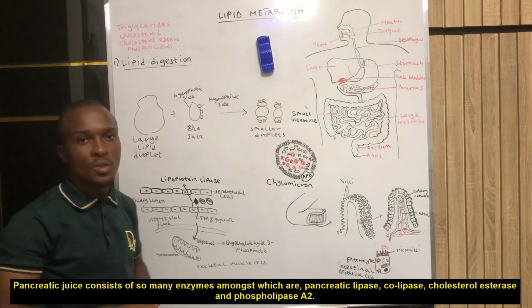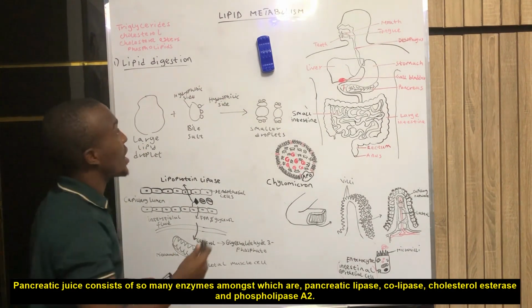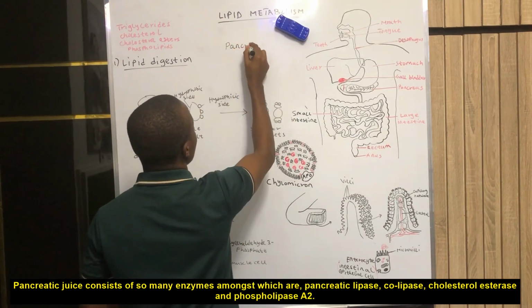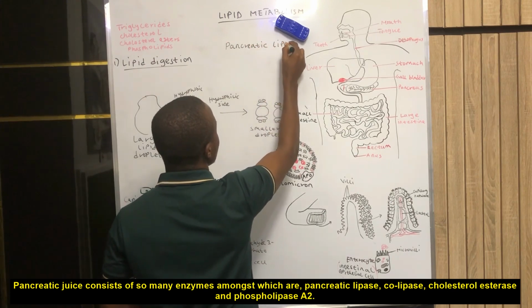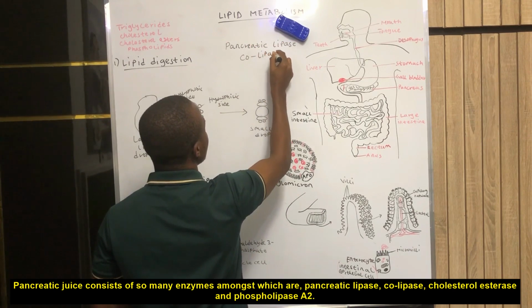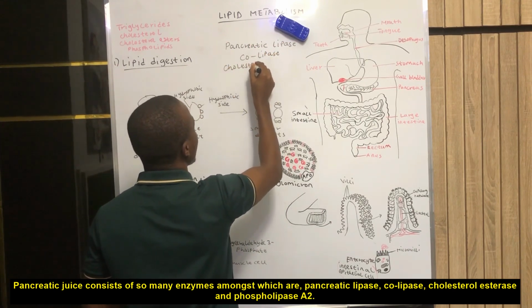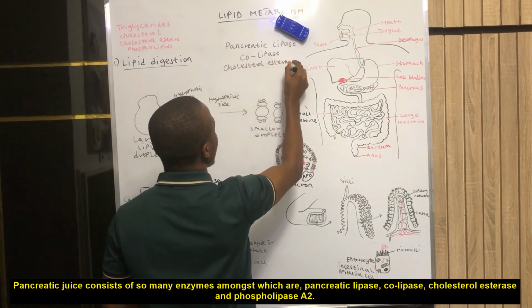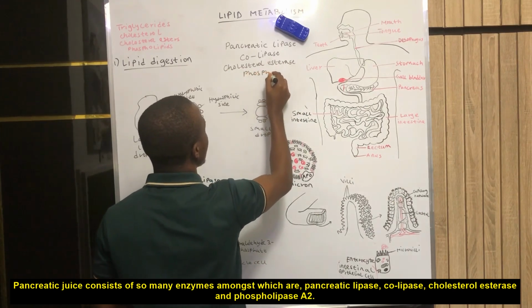Now, pancreatic juice consists of so many enzymes, amongst which are pancreatic lipase, colipase, cholesterol esterase, and phospholipase A2.